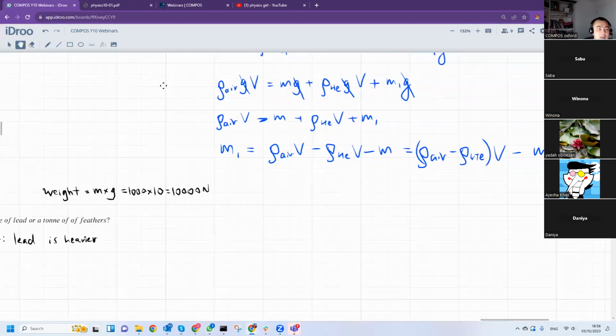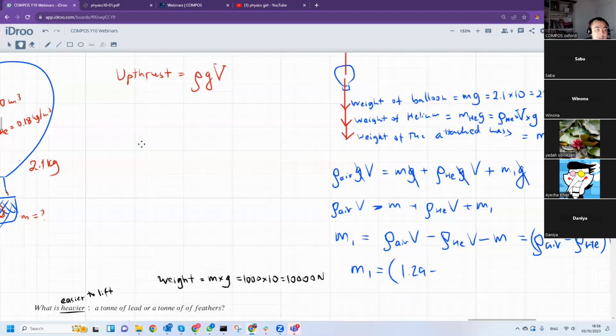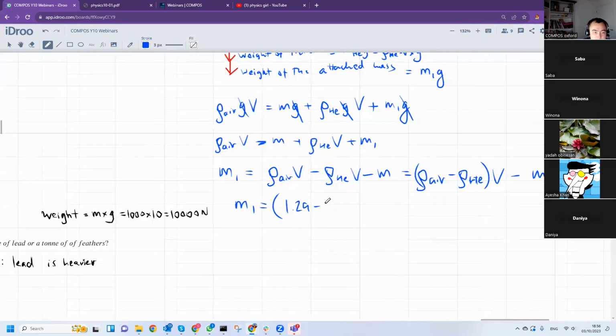Okay. So the mass that can be lifted in physics, we try to write it in an algebraic form, and then we find the final answer. So the m1 that can be lifted is the density of the air, 1.29, minus 0.18, multiplied by the volume, which is 10 cubic meters, minus 2.1 kilograms.